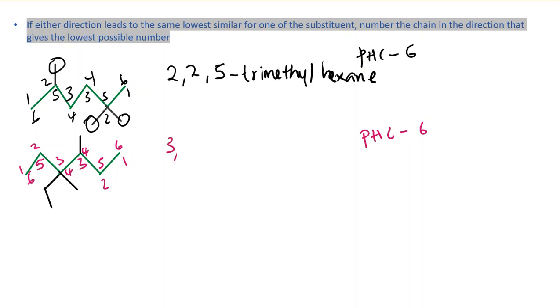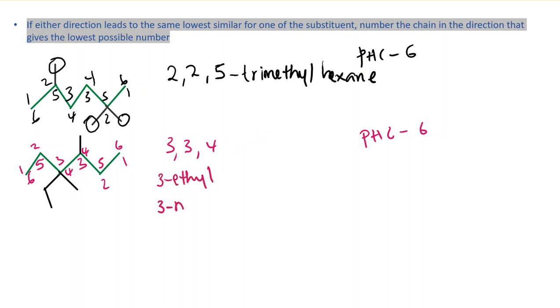We have a 3, 3, 4 going from left to right, and we have a 3, 4, 4 going from right to left. And since 3 is less than 4, we're going to go from left to right, number and name. So from carbon number 3 we have an ethyl, so 3-ethyl.